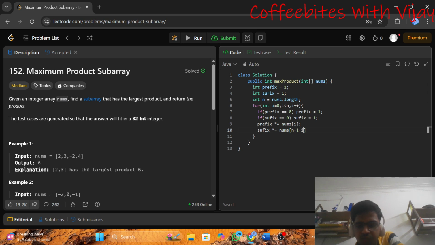So i would be 0 in the first case, and depending upon that it will traverse from right to left. So this is the prefix and this is the suffix.